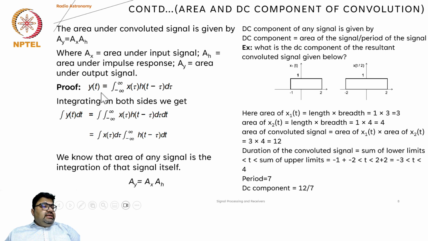You can prove that y(t) is given by x convolved with h, and integrate both sides, you get the integral of y(t) dt. That gives you Ay, and here if you integrate, you have one integral for tau and one for t. So the one for t is given by Ah, and the one for tau is given by Ax.